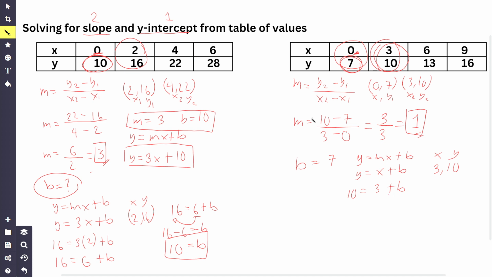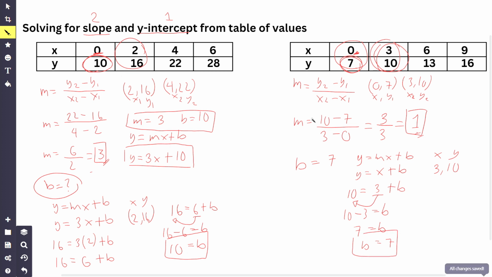So what number, when you add it to 3, will become 10? That's 7, right? Solving this using mathematics, we transpose: 3 will become negative, so 10 minus 3, that's 7, equals b. Or using our symmetric property, b equals 7. I hope this one is clear with you.